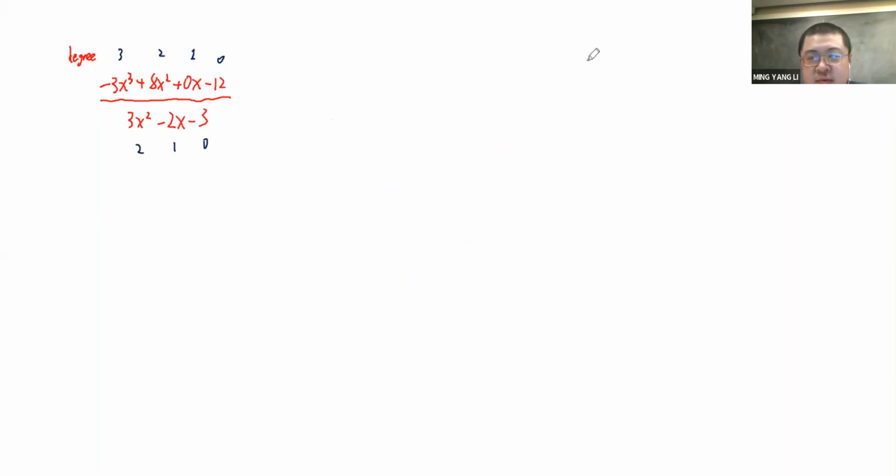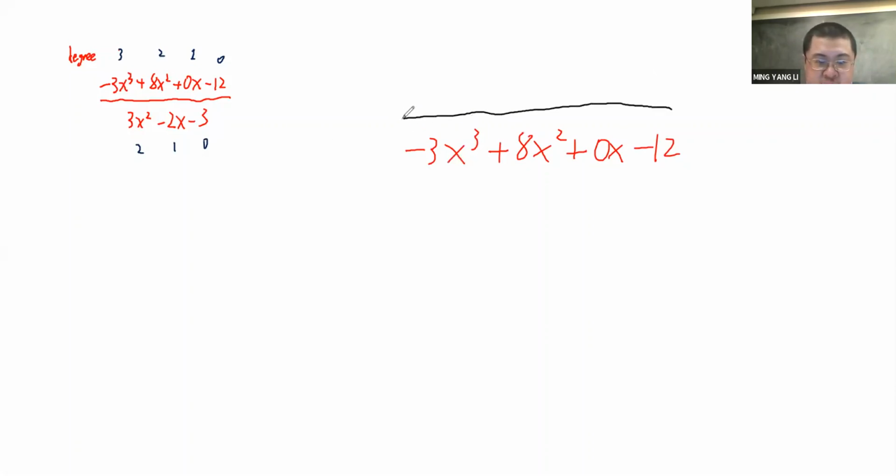We start our long division by first writing it up. The dividend is negative 3x cubed plus 8x squared plus 0x minus 12, and this is divided by the divisor, 3x squared minus 2x minus 3.